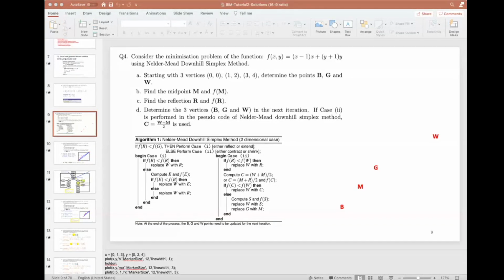The main idea is that if you look at T5 and then T6, you will find out that if you do reflection in the opposite way, the cost doesn't improve. That is mainly about case 1 and case 2. So try question 4, and then I'm going to come back to your question. Okay, thank you.